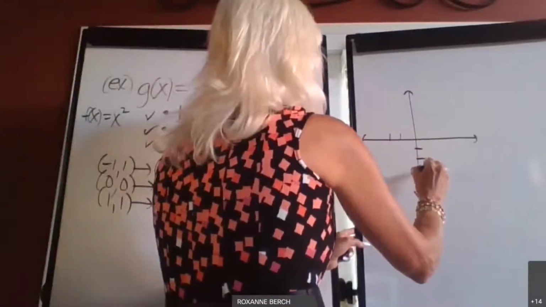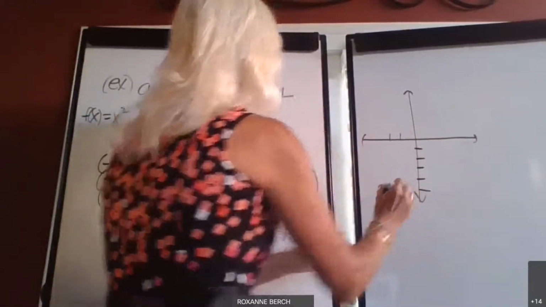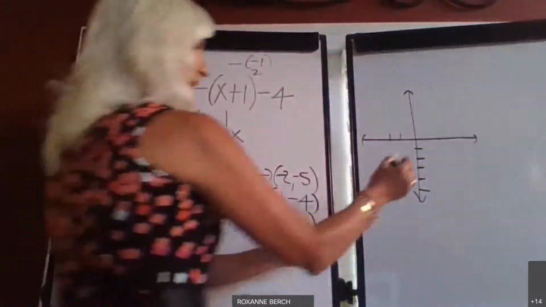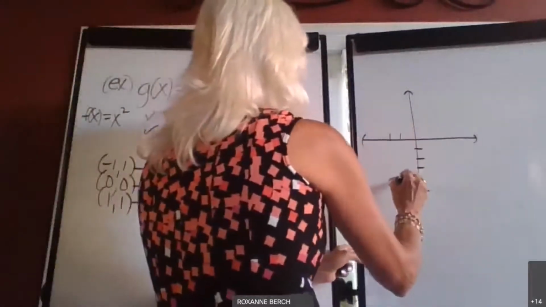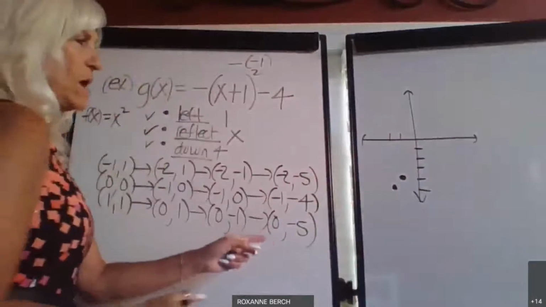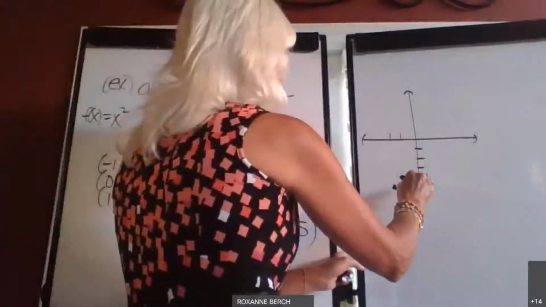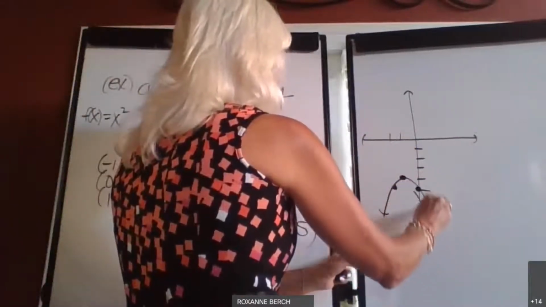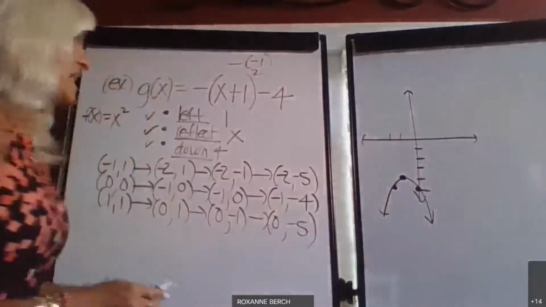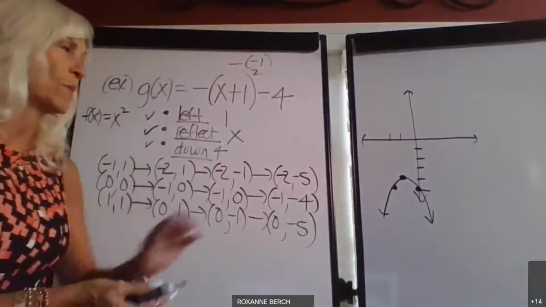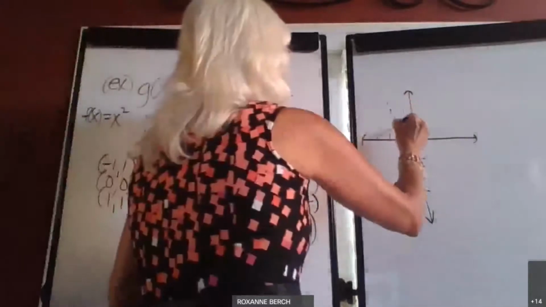Left 2, down 5. Left 1, down 4. 0, down 5. Now, does that look like it was shifted left from the parent? Remember the parent looks like this.